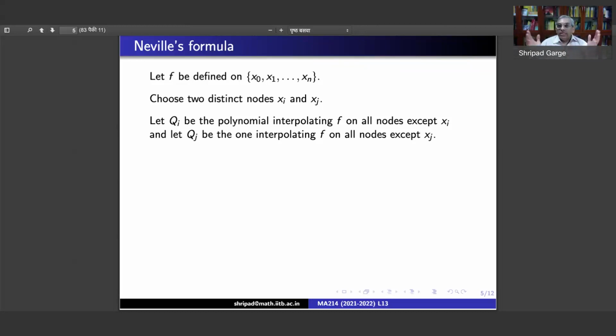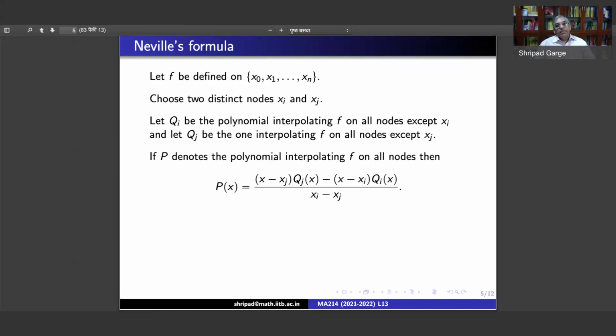And of course, the union of these two sets of nodes is the whole set of nodes. So suppose p is the polynomial which interpolates your function on all nodes, then p of x is simply written as x minus xj into qj of x minus x minus xi into qi of x, upon xi minus xj.